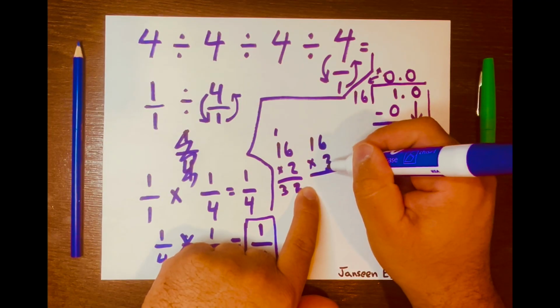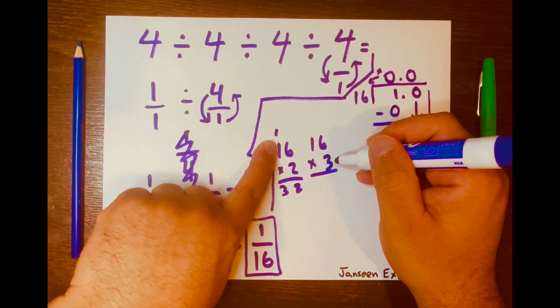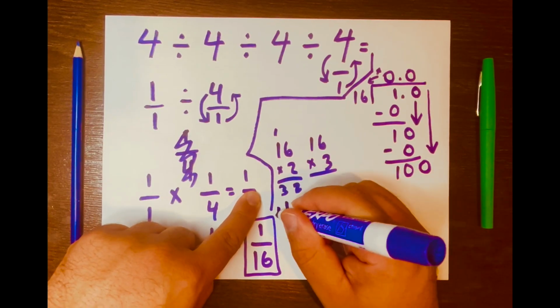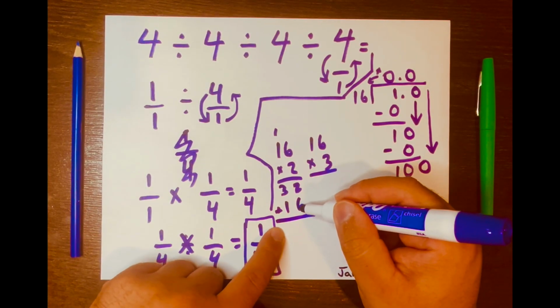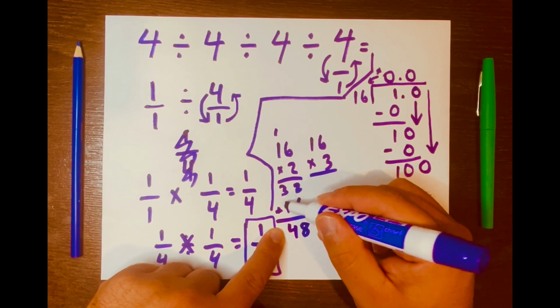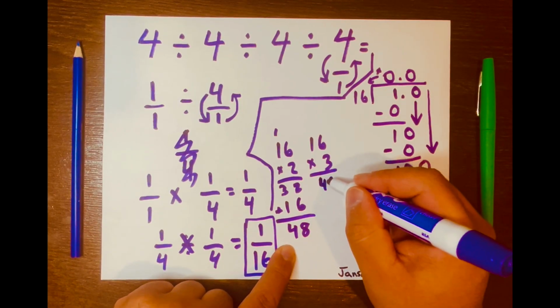So 6 times 3 is what? Think about it. If we're adding 16, so we got 32. So plus 16, let's just do that. So 6, 7, 8, 4. 3 plus 1 is 4, so we have 48. So this will be 48, right?